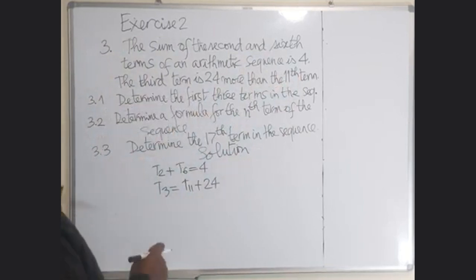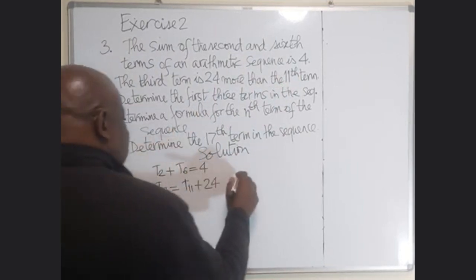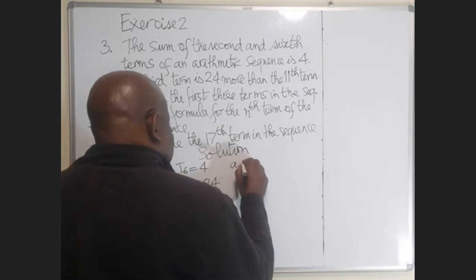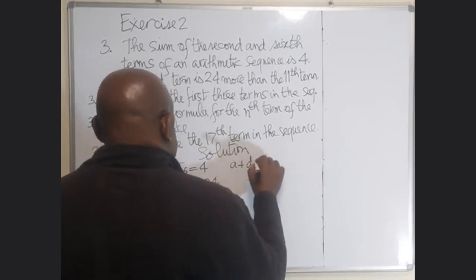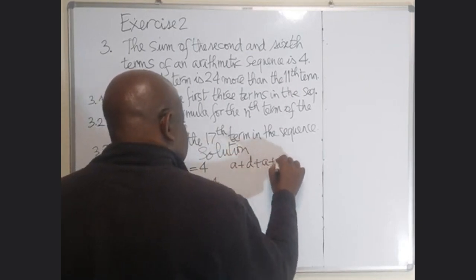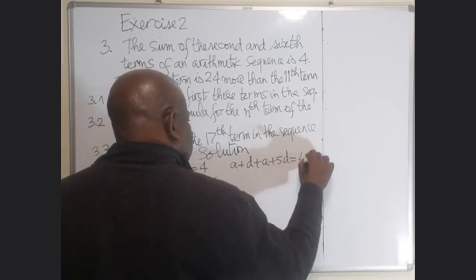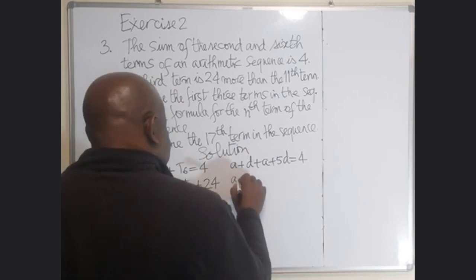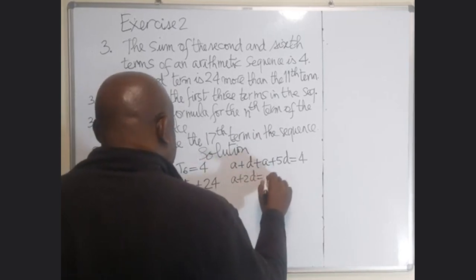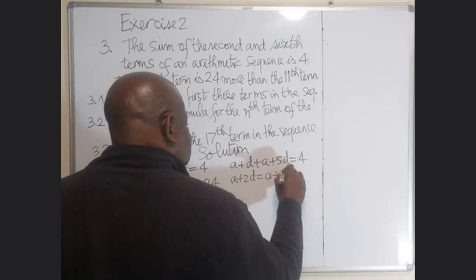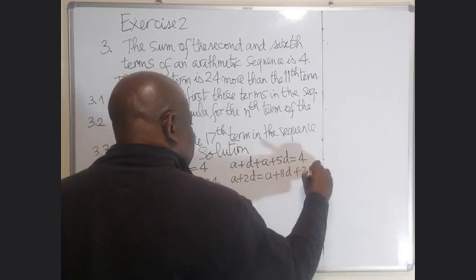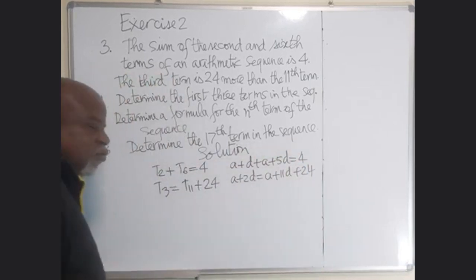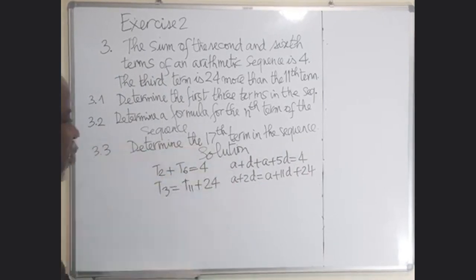So now using the general formula, we'll have here A plus D plus A plus 5D equal to 4. And down here we'll be having that A plus 2D is equal to A plus 11D plus 24. We are also having a simultaneous equation.